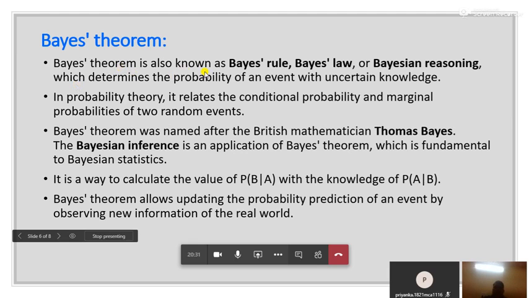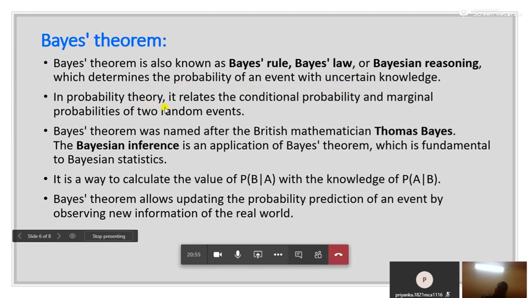Bayes theorem is also called Bayes rule, Bayes law, or Bayesian reasoning, which determines the probability of an event with uncertain knowledge. So Bayes theorem deals with the theory of uncertainty.